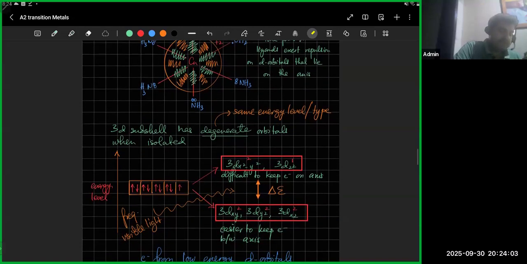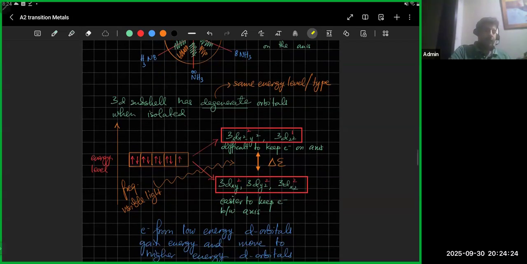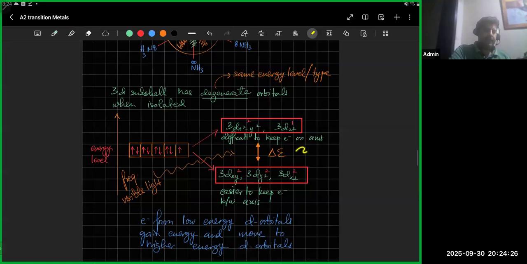So what happens is that your d-subshell, which was originally degenerate, splits into two energy levels. On the axis, it's harder to keep electrons. Between the axes, it's going to be easier to keep electrons. So there's going to be an energy level gap. So why are they colored? They're colored because this energy gap matches frequencies that belong to the visible spectrum.